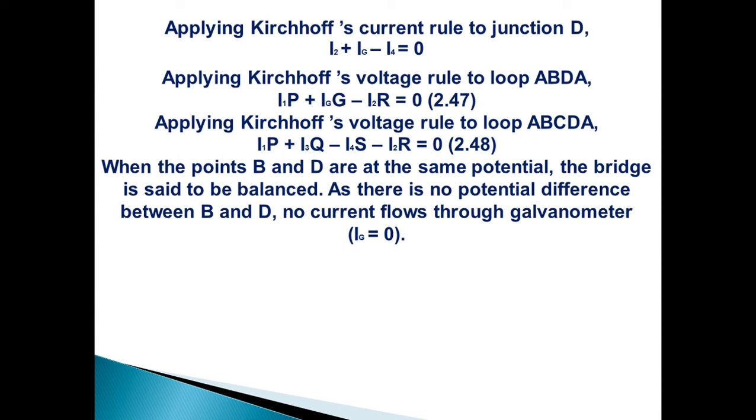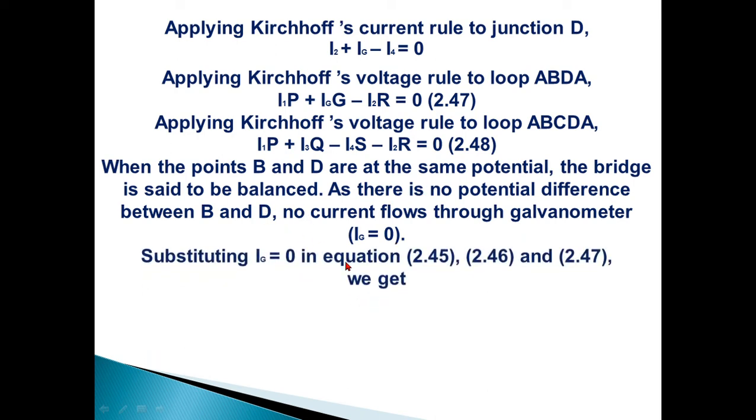No potential difference means charges do not move from B to D. That is why no current flows through the galvanometer. Ig is equal to 0, because the circuit is balanced.